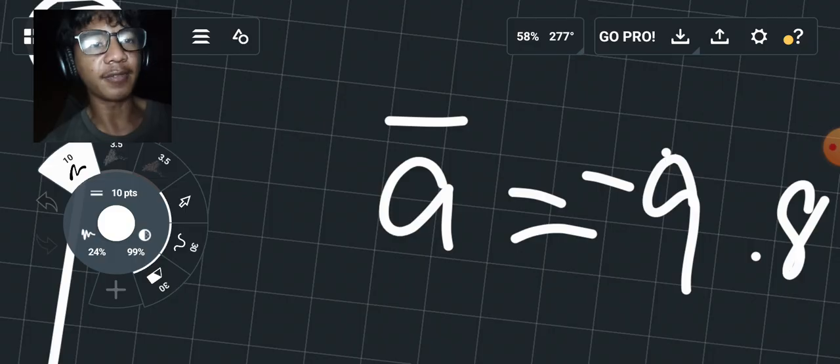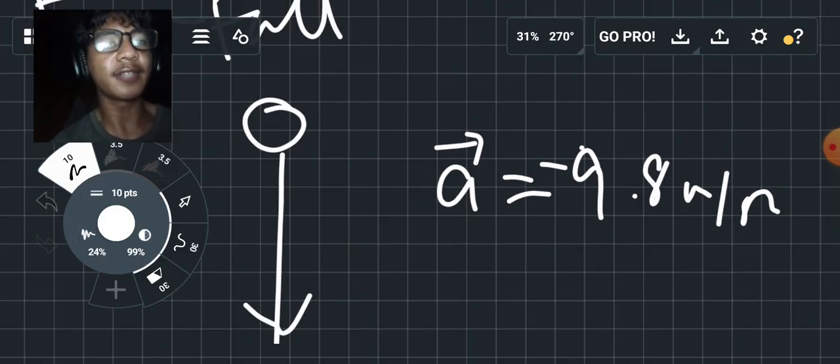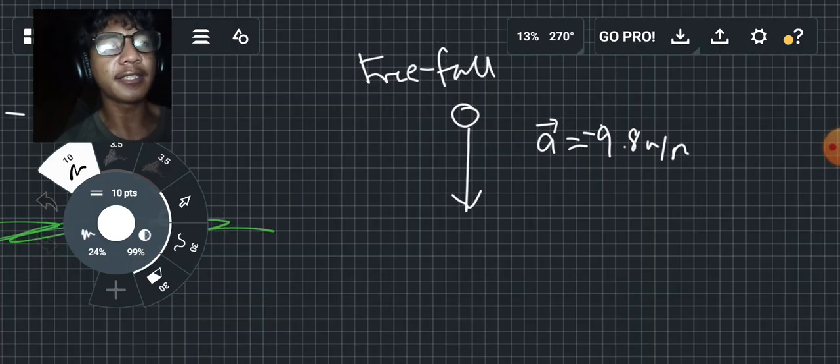So in that case, we will refer to the full vector definition of the acceleration. So that's free fall.